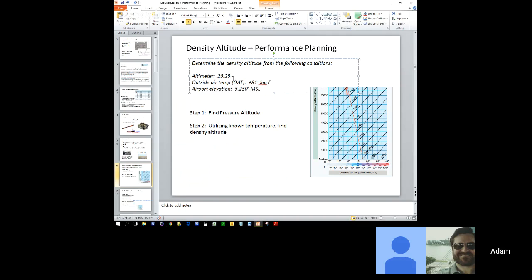If I'm in my airplane, I'll set my altimeter to 29.92, the standard reference datum plane for standard atmosphere, and read what the altimeter is telling me, or I can do a calculation. Either way, in order to find density altitude, I've got to have pressure altitude, because density altitude is pressure altitude corrected for temperature.